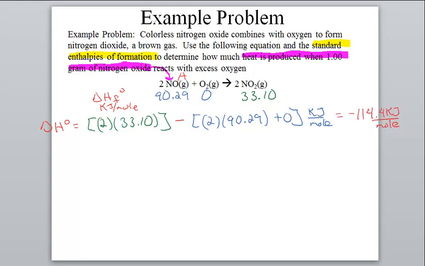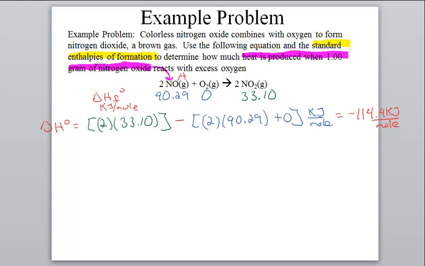The next part is our stoichiometry problem. If 1 mole of oxygen reacted, a negative 114.4 kilojoules would be released. But what if 1 gram of nitrogen oxide? So that's our A. We're starting with our A, and ultimately we're going to go to how much energy would be produced, since it's an exothermic process.